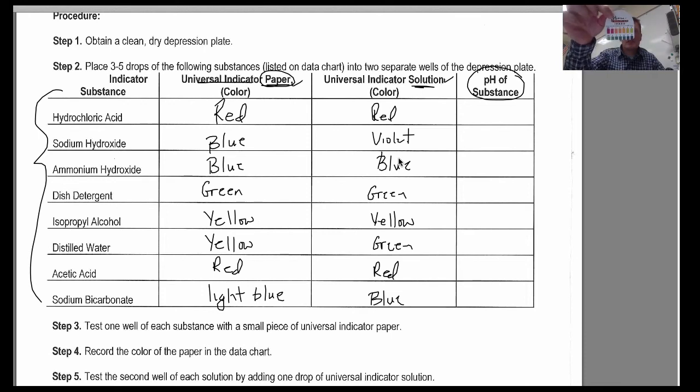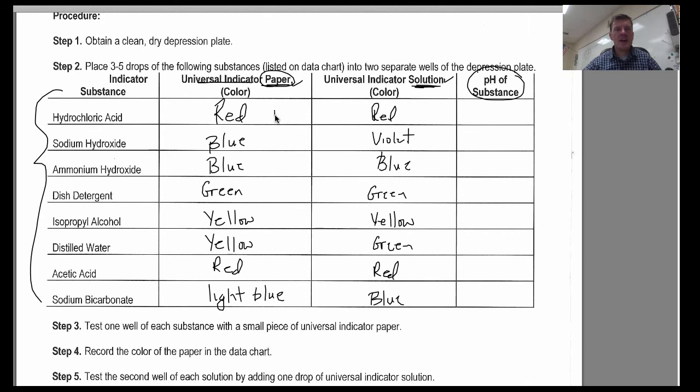That little chart is telling us to match the color to the pH number, and it's going to tell you how acidic or how basic it is. So let's go ahead and match the color, and it would be the same for the solution as well. We could have a chart that shows you the different colors for the solution.